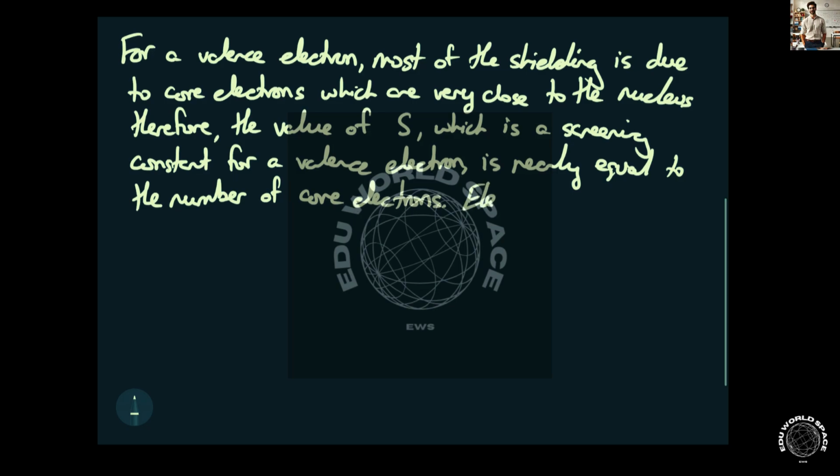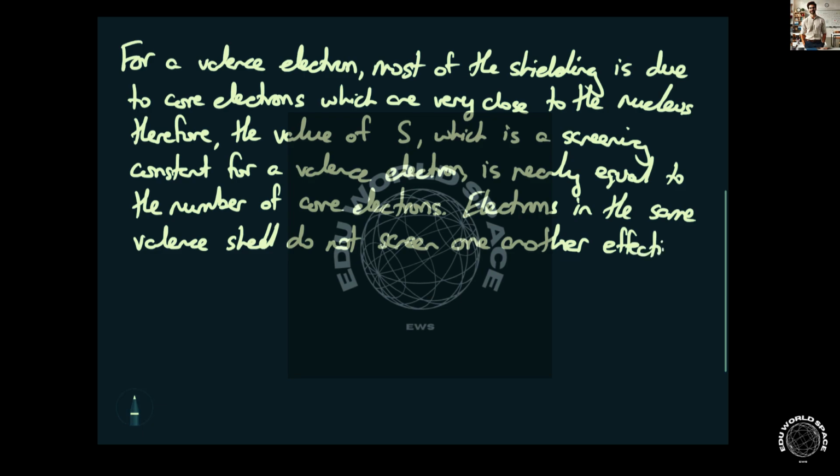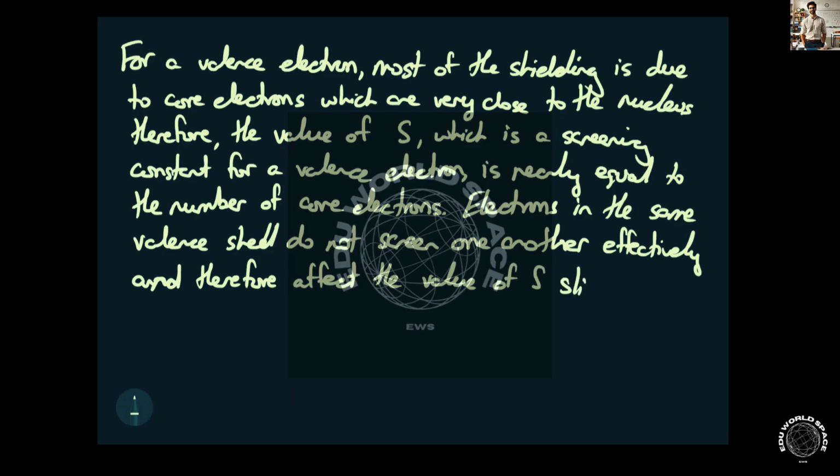Electrons in the same valence shell do not screen one another effectively, and therefore affect the value of S slightly.